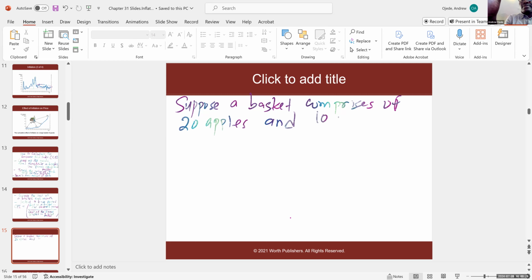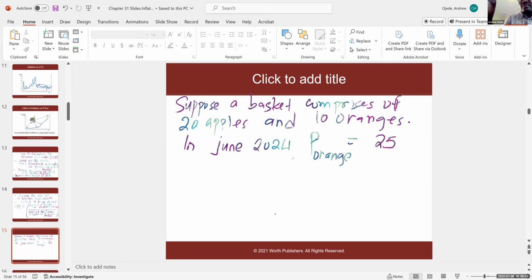So let's say in June 2024, the price of an orange, P orange meaning the price of an orange, was, let's just pretend, 25 cents, 0.25 dollars per orange.